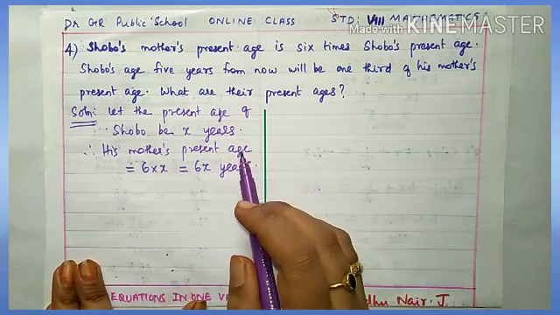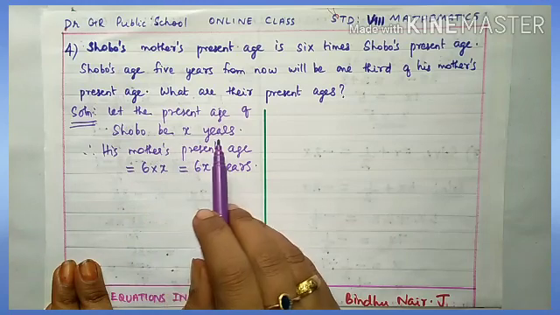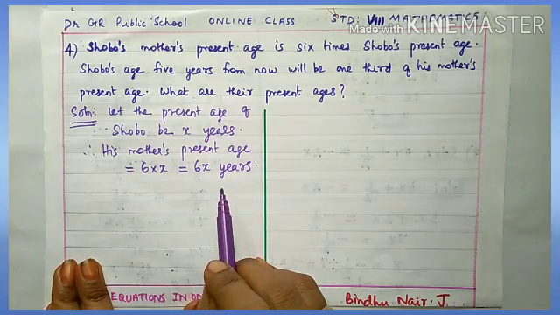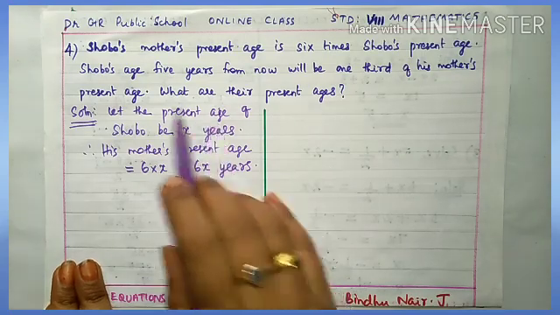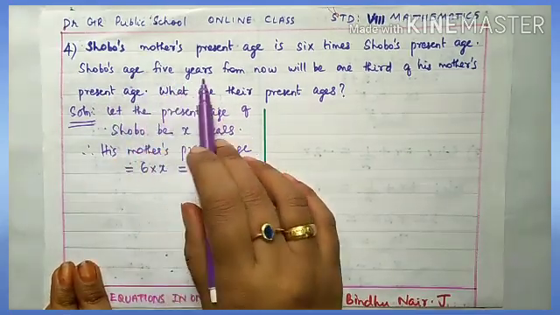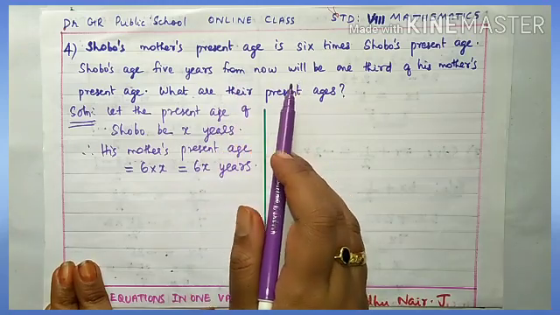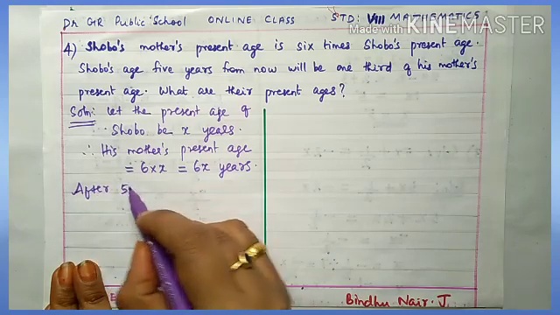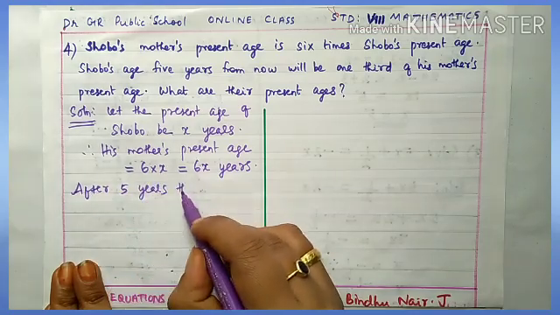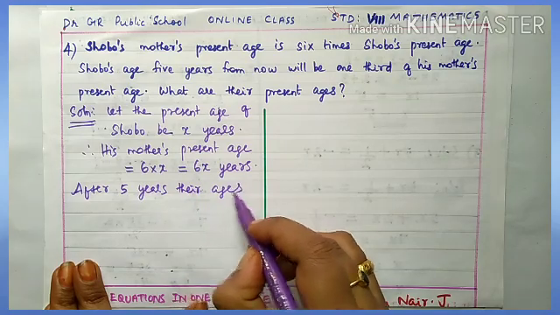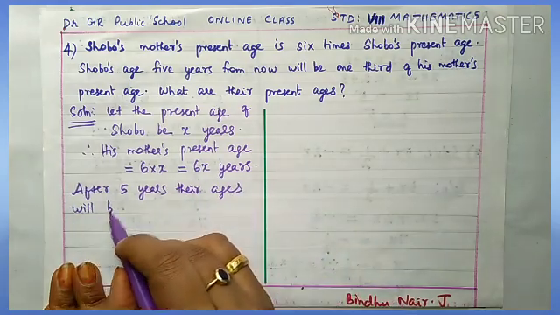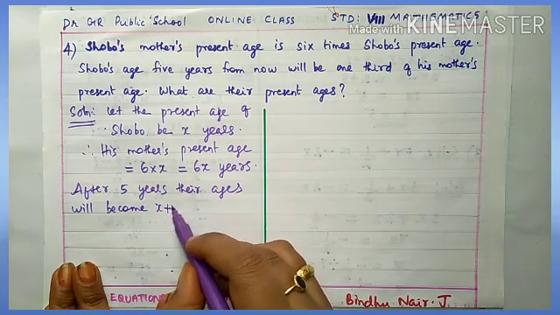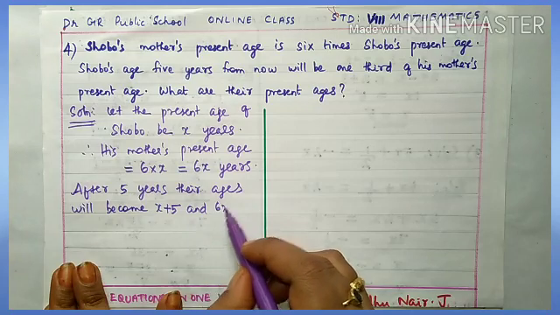All of you understood these 2 points? Shobo's age we took x, so his mother's age became 6x years. Now what is given? Shobo's age 5 years from now means after 5 years. So we want to write after 5 years. After 5 years their ages will become, yes, what are the ages then? Shobo's age is added 5 and mother's age also added 5.